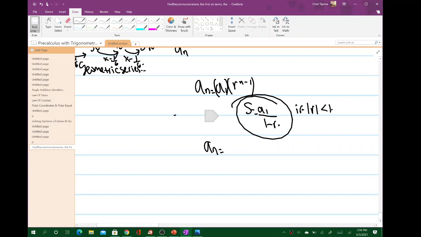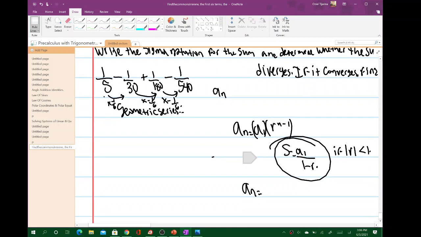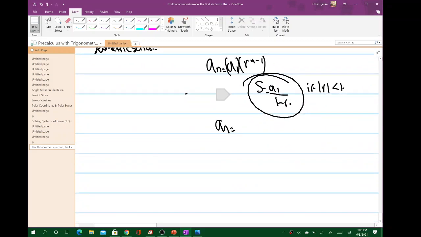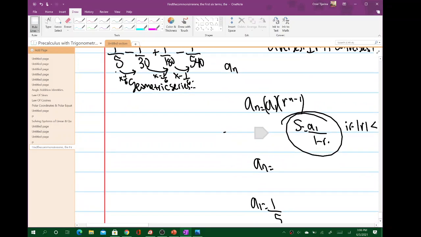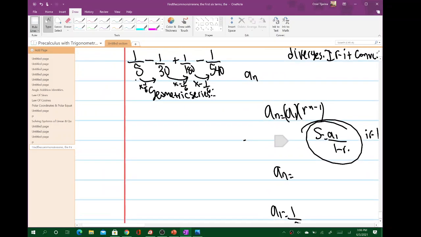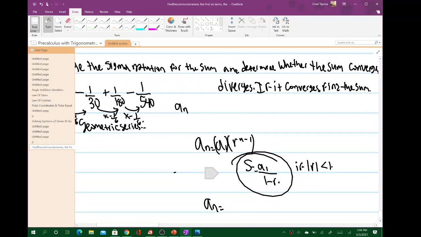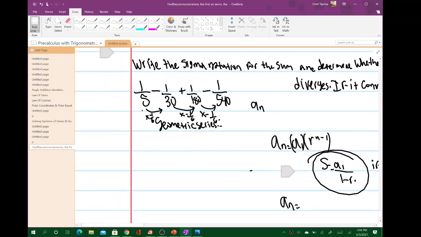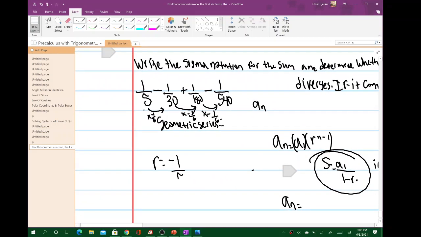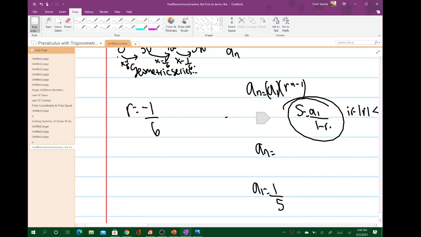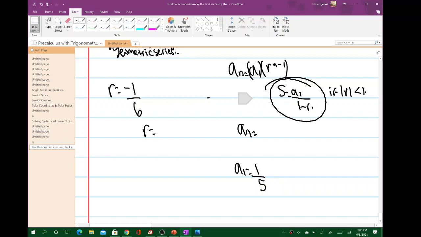A sub n is going to be a sub 1, and a sub 1 we already know is 1/5. And then we know the common ratio. In reality, the common ratio is not 1/5, it's -1/6. So r equals -1/6.